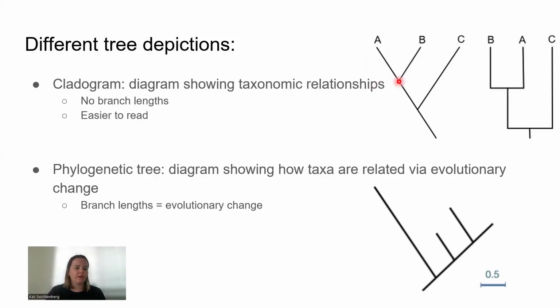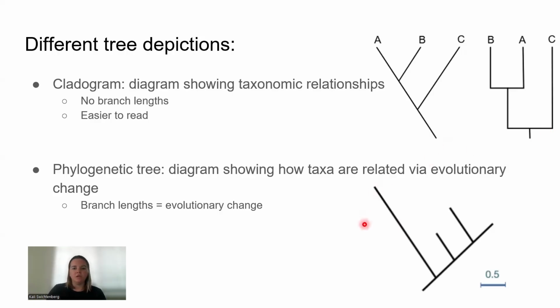And this is just for ease of being able to read, right? So what this cladogram is showing us is that A and B are more similarly related than they are to C. And that's also shown right here in this other cladogram. So A and B are more similarly related compared to C. But again, this is just showing taxonomic relationships.